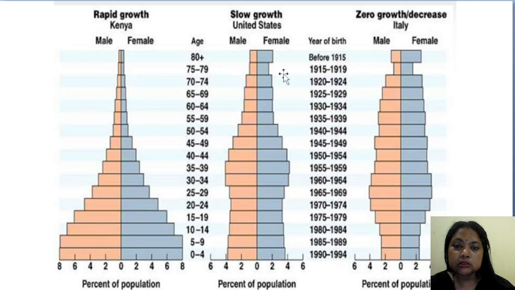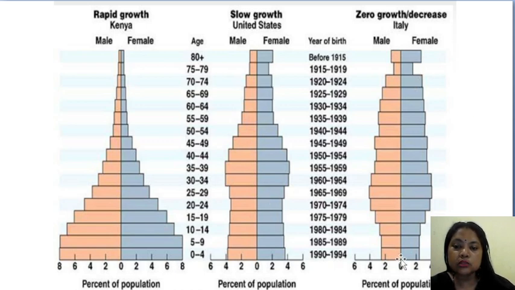And slow growth means the graph is not so much elongated in the base or not so narrow in the top, like in the case of Kenya. Okay, so that shows slow growth.